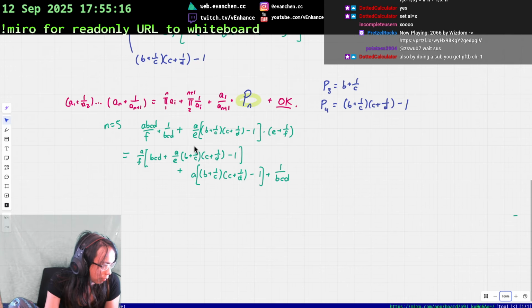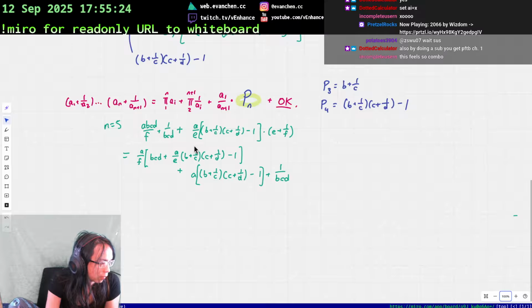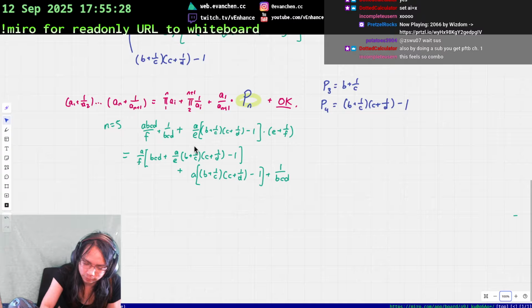I mean, we can see what it is, but I feel like it's... Yeah, there might be a combo interpretation, but I don't see it yet.